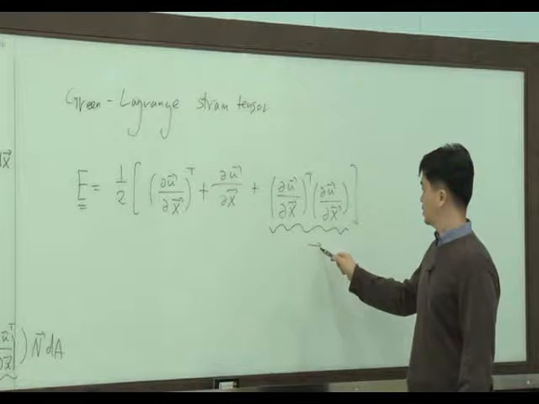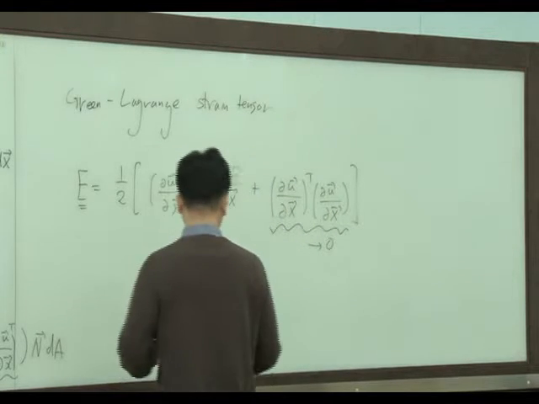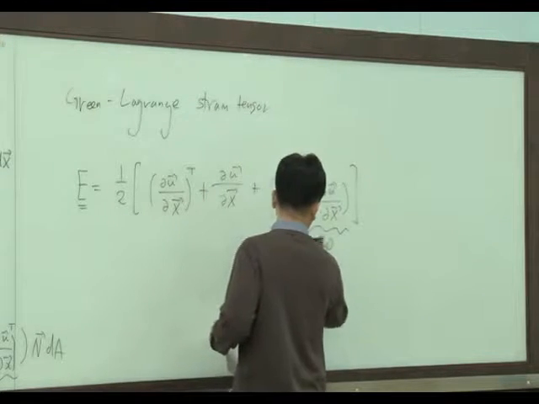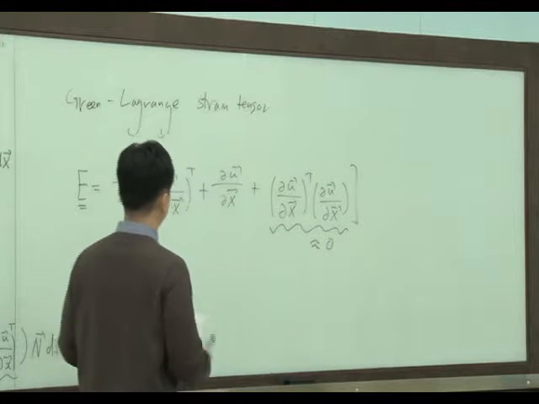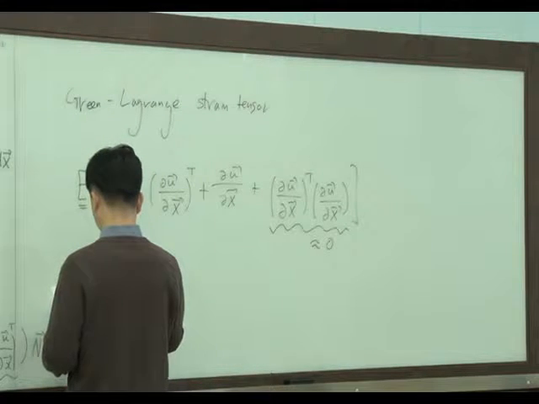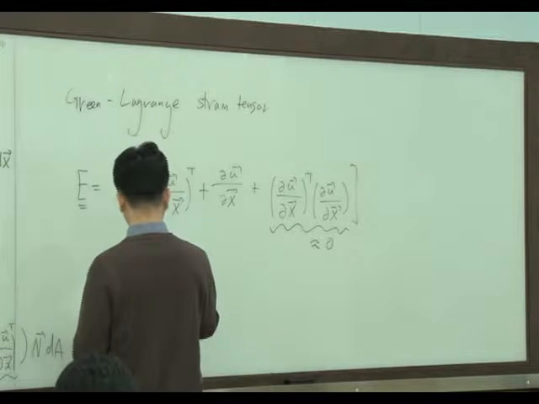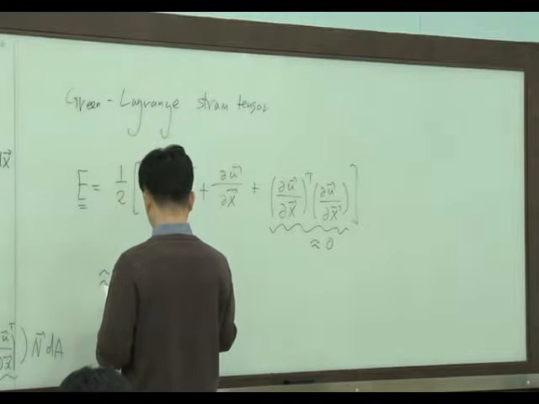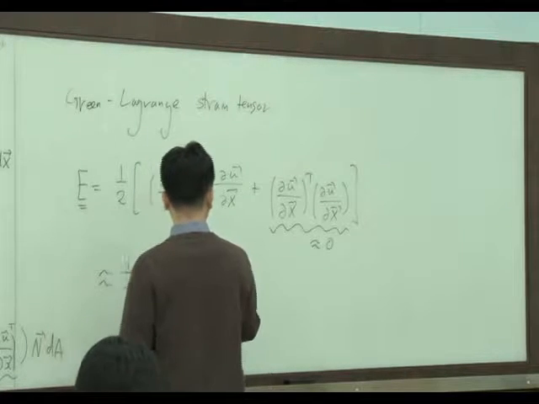So it becomes 0. This term is very small. And then we have 1/2 times gradient of U plus gradient of U transpose.